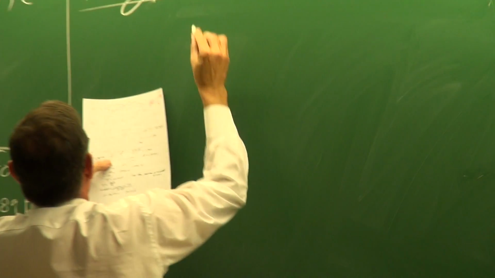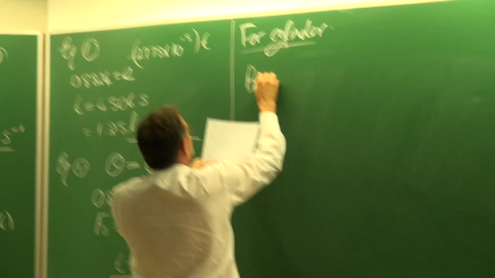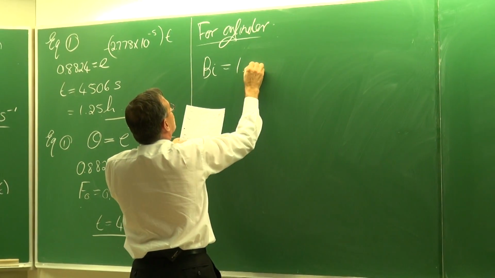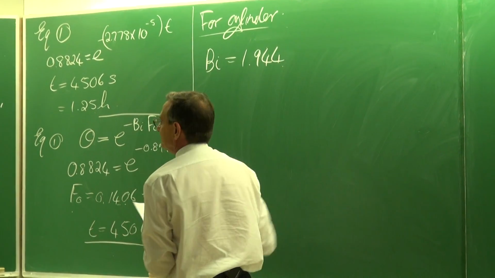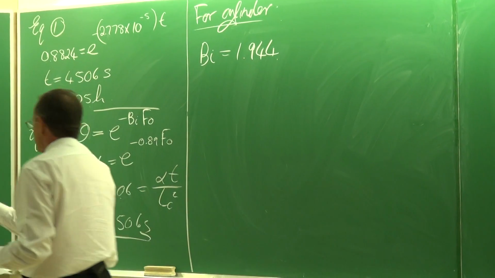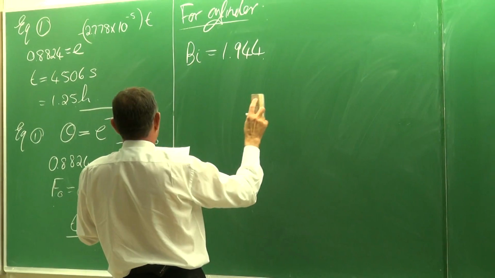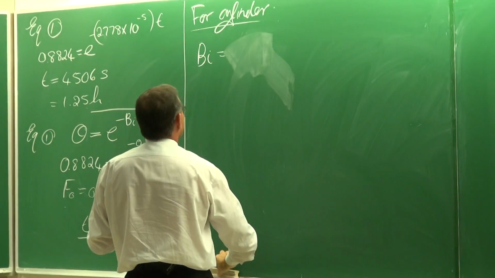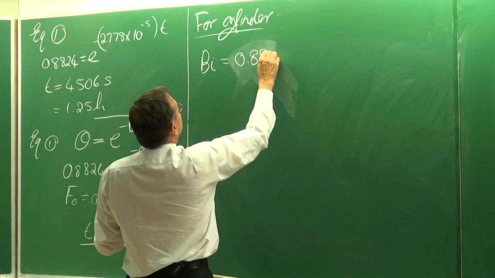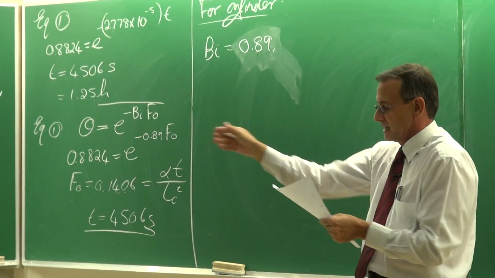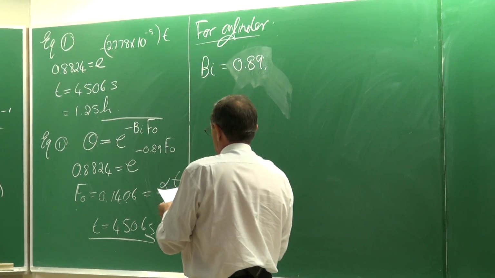Okay. So for a cylinder, we have that the Biot number is equal to 1.944. Oh, sorry, 0.89. Okay, Biot number, there it is, 0.89.